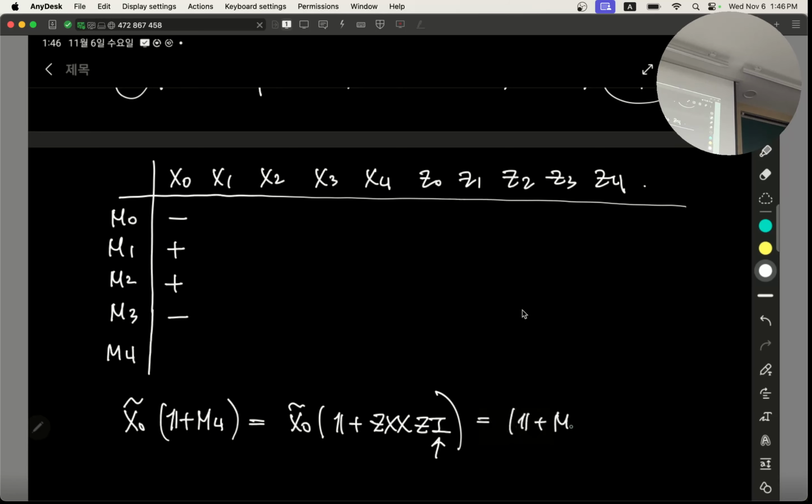So 1 plus m4 x0 tilde, so m4 doesn't change the sign. I want to fill up all the parts in the table with a plus or minus sign, depending on whether the sign changes. So let's try this.